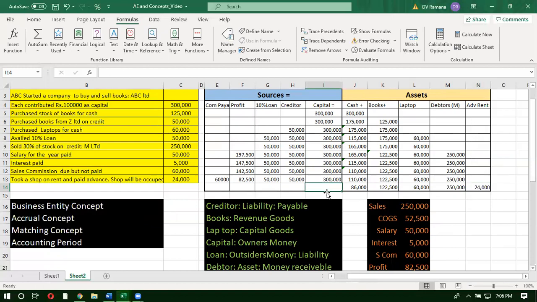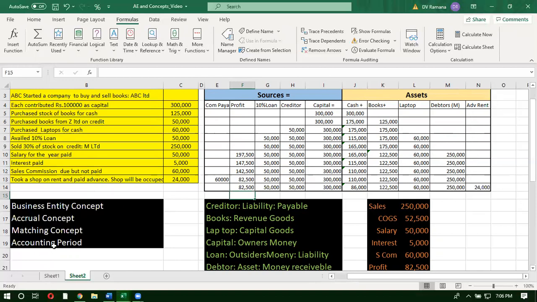No change in the capital, no change in the creditor, no change in 10% loan, no change in profit because this is not an expense of the current period. The period is the current accounting year. This will be an expense to be treated in the next year.